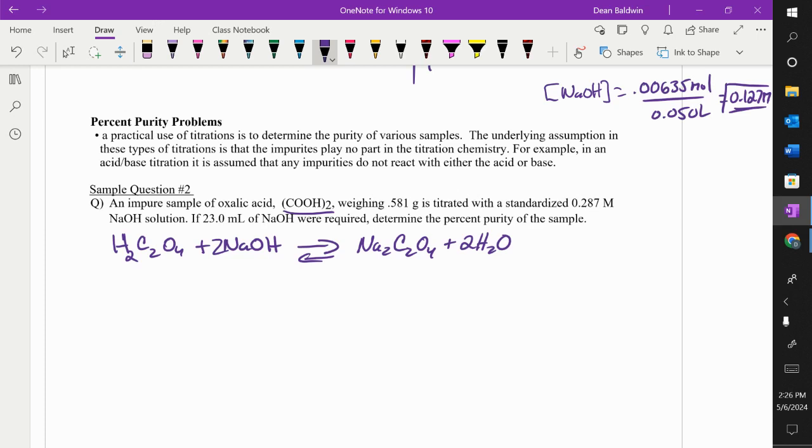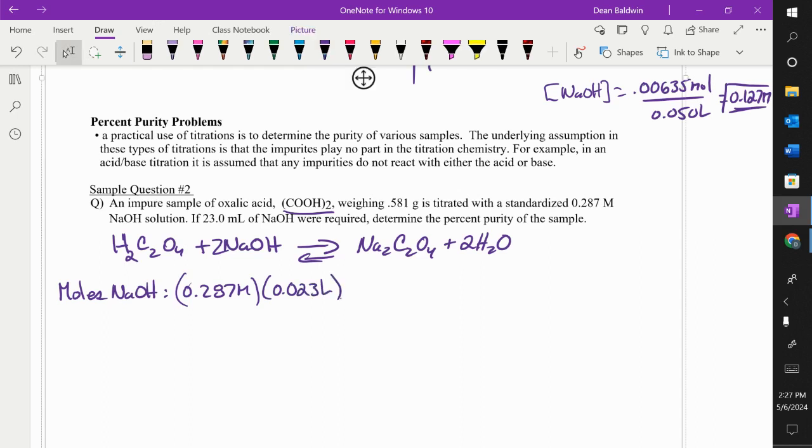Because when you titrate it, the NaOH is going to neutralize all the oxalic acid. So we're going to figure out how much oxalic acid we have. So the moles of NaOH that we add is going to be 0.287 molar times the 23 mL, written in liters.